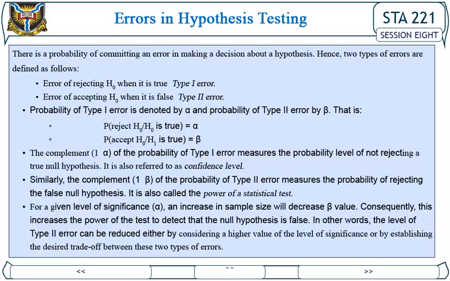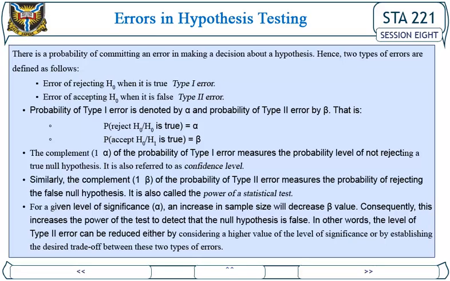P(accept null hypothesis | alternative hypothesis is true) is equal to beta.